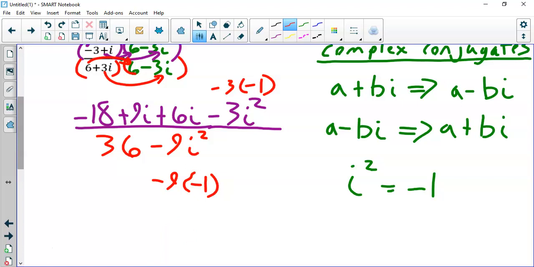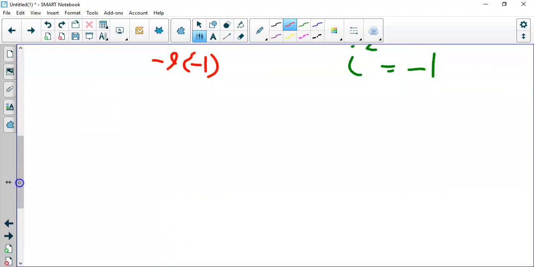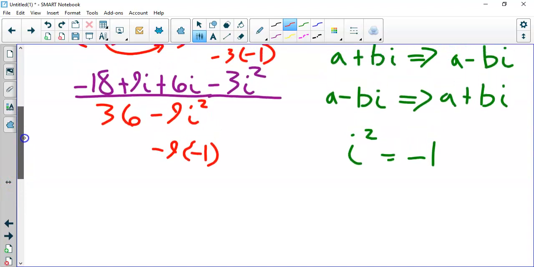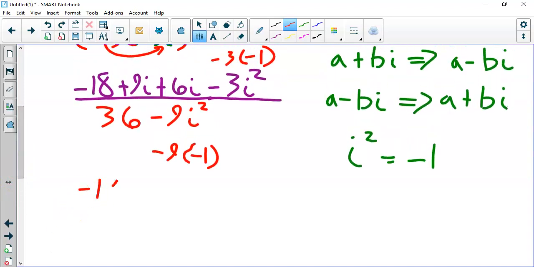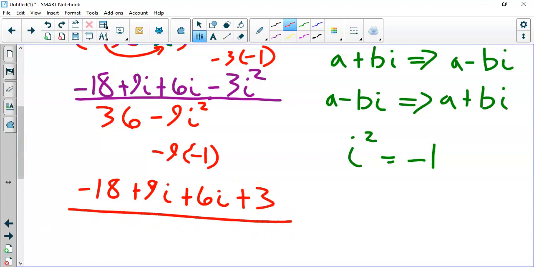Follow me on that? So my numerator up here looks like negative 18 plus 9i plus 6i. What's negative 3 times negative 1? Positive 3. That's what the numerator looks like so far.